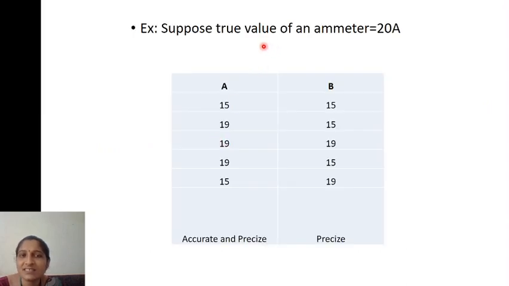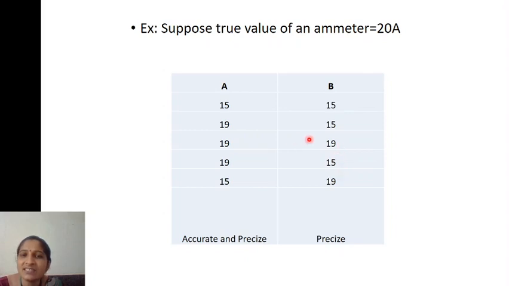See here, the true value of an ammeter is 20 amperes. If you measure it with A, taking 5 observations, out of these 5 observations you got 15 as 2 times and 19 as 3 times. And for B, if you check 5 times, you get 15 as 3 times and 19 as 2 times.